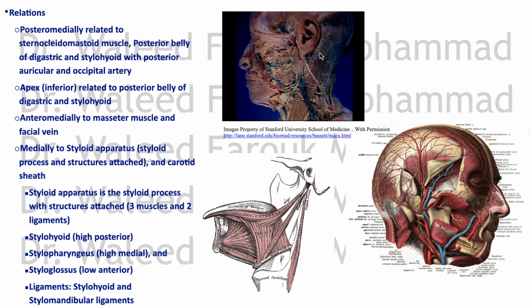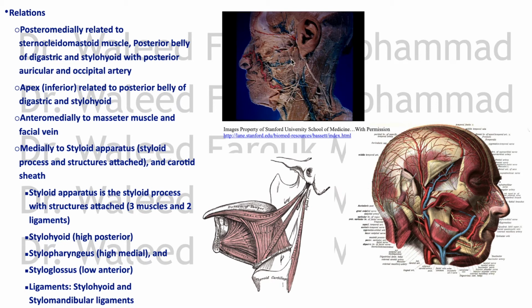Posteromedial is the sternomastoid, and if you remove the sternomastoid, you will find the posterior belly of the digastric and the stylohyoid muscle descending, right? So this is medial, posteromedial to the parotid gland, right? Okay. Don't forget the deep part that extends between the medial pterygoid and the ramus of mandible.